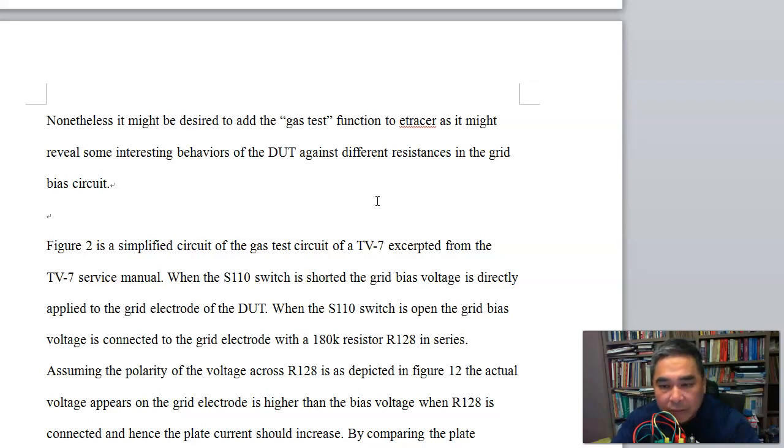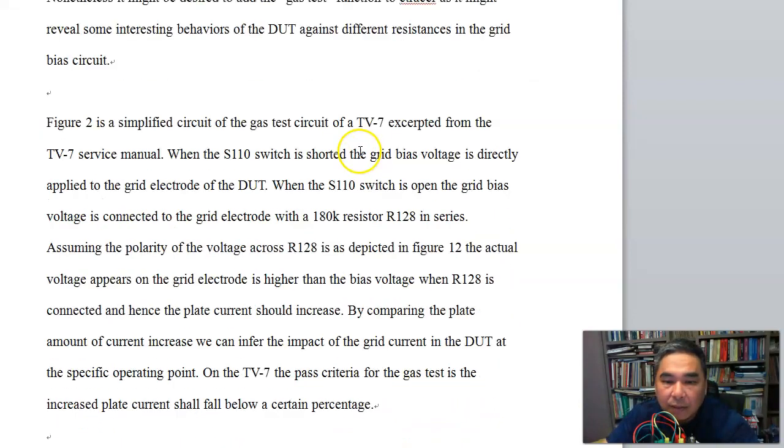By inserting a different resistance into the grid circuit of the etracer, you can reveal much more things related to the device under test.